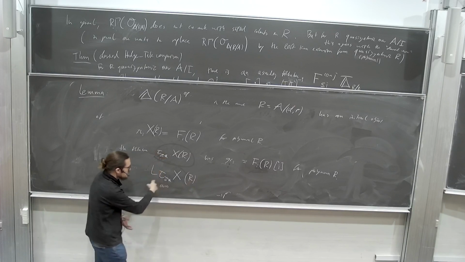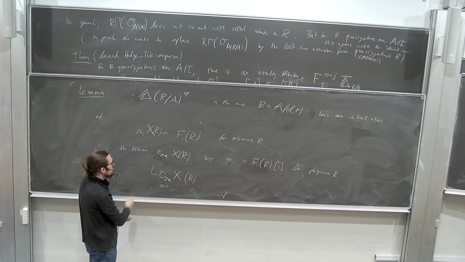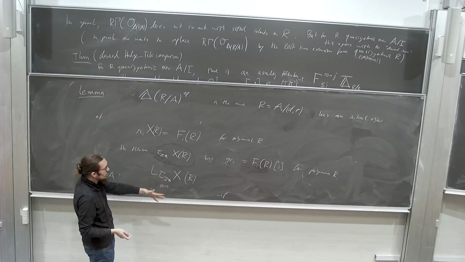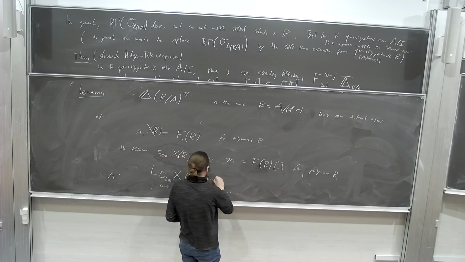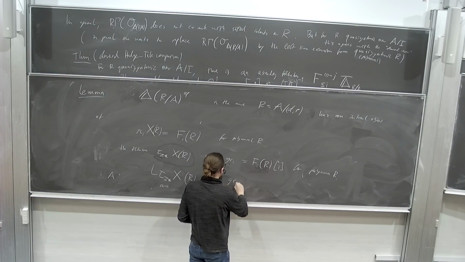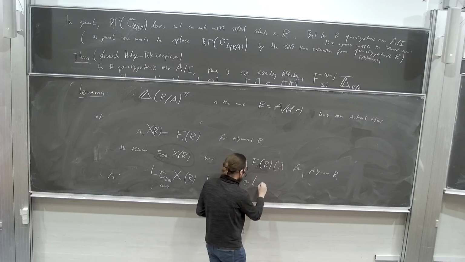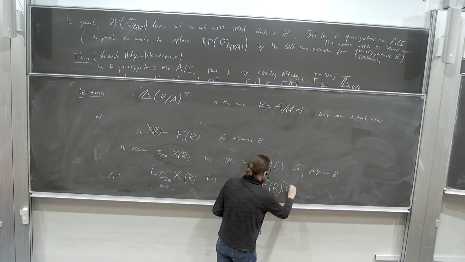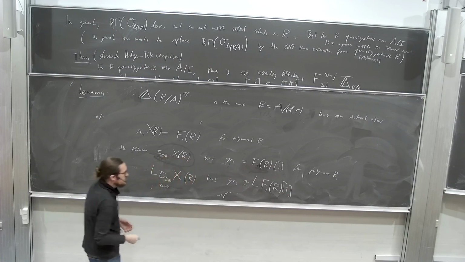For polynomial ones, this agrees with the original Postnikov filtration on X(R), but for general ones, this might just be some filtration. But what is its associated graded? Well, its ith associated graded is also going to be the left Kan extension of these functors, right? It's a general trick.